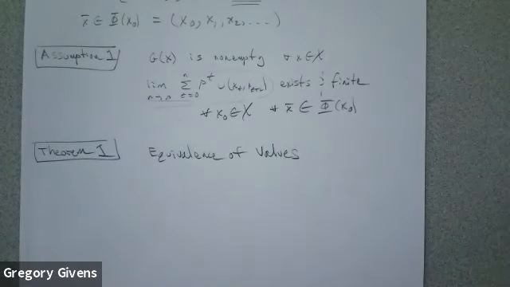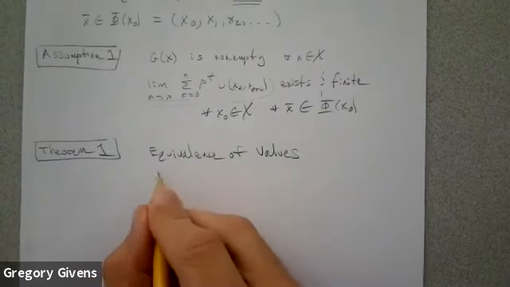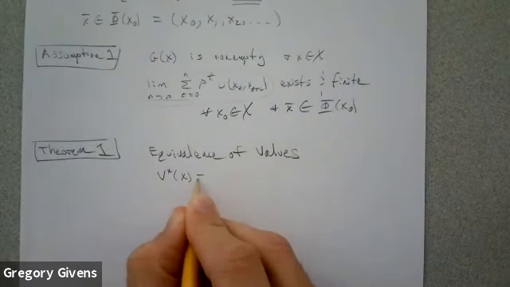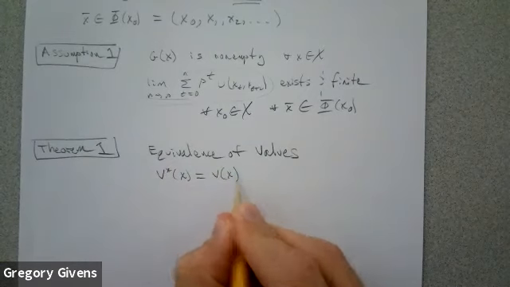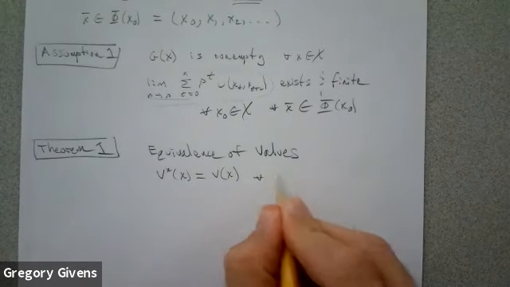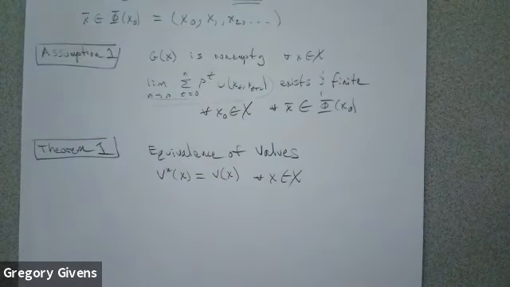Moreover, any maximum value of the value function in the functional equation, or the Bellman equation, V of x, also obtains the maximum value of the sequence problem, so that V star of x is equal to V of x for all x in big X. So this theorem says that if assumption 1 holds, both the sequence problem and the recursive Bellman equation formulation of that problem achieve the same value.